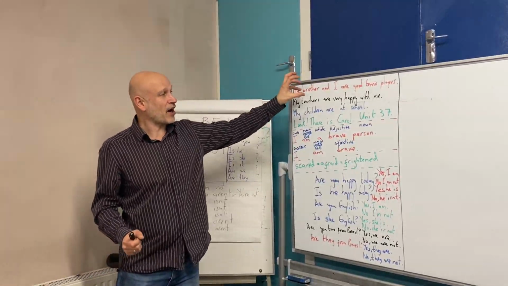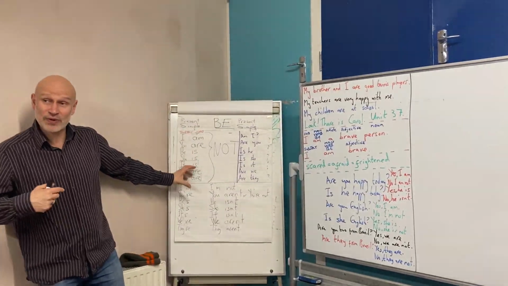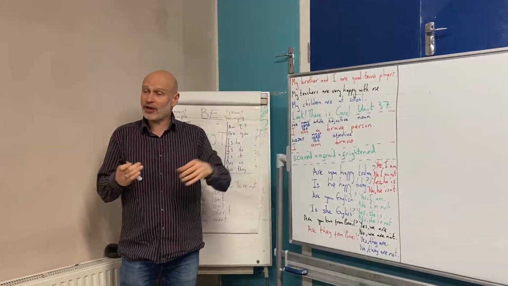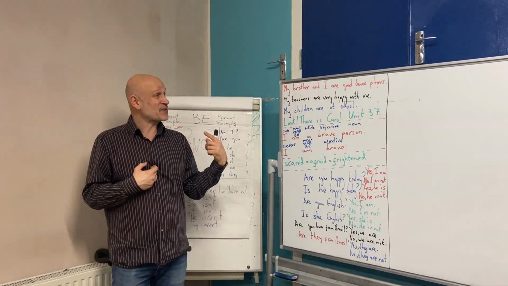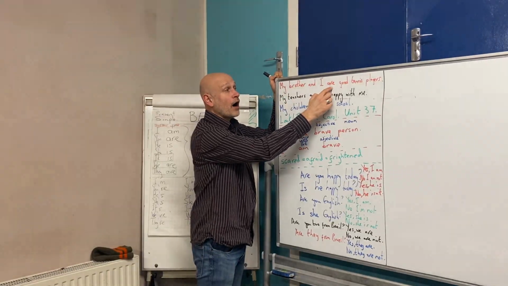My brother and I. Is it I, or you, or he, she, it, we, they? Well, my brother and I are we. So we need to think, my brother and I, we are.